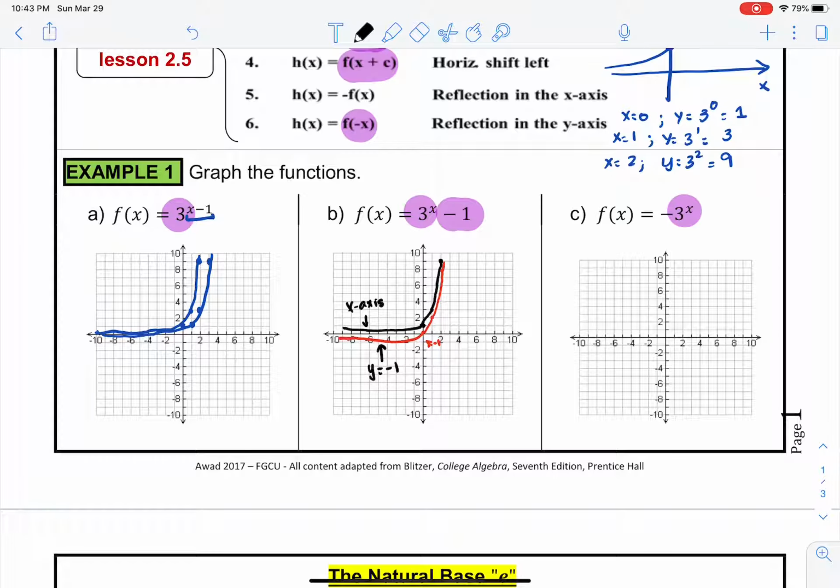The reason being the x-axis is y equals 0, and if we subtract 1 from y equals 0, it is going to bring it down to y equals -1.